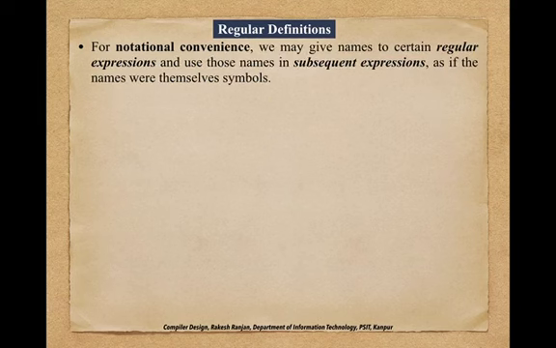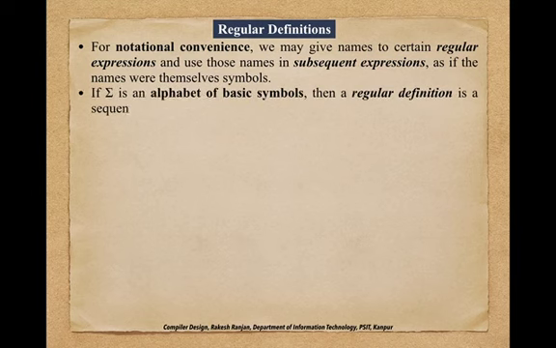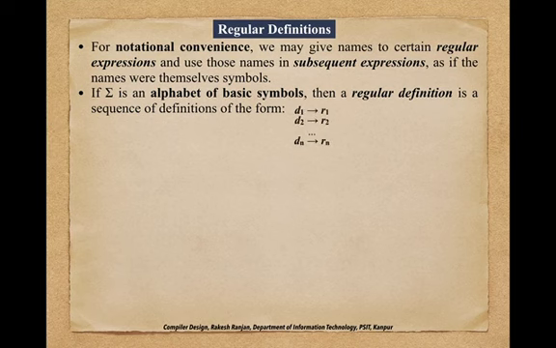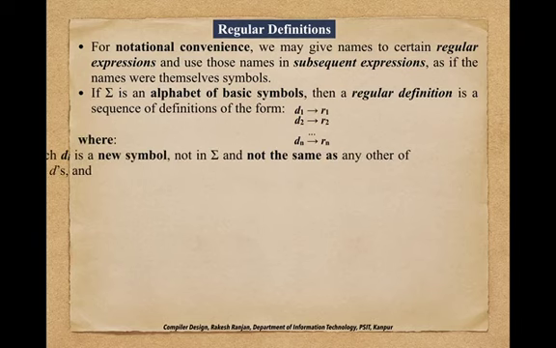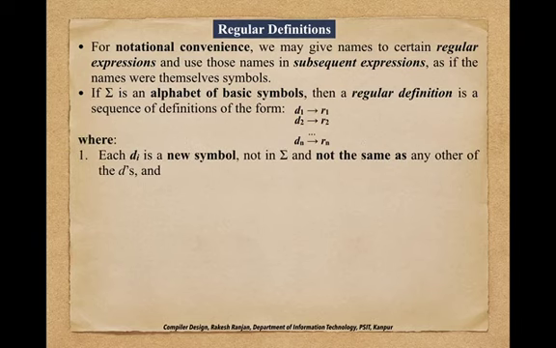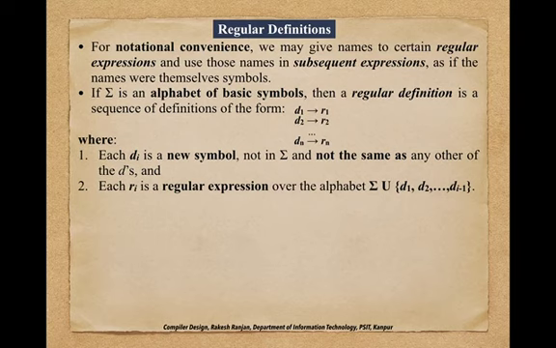Now consider the regular definition. For notational convenience, regular definitions are used. If sigma is an alphabet of basic symbols, a regular definition is a sequence of definitions of the form d1 → r1, d2 → r2, ..., dn → rn. Each di is a new symbol, not in sigma and not the same as any other d. Each ri is a regular expression over the alphabet sigma union {d1, d2, ..., di-1}.